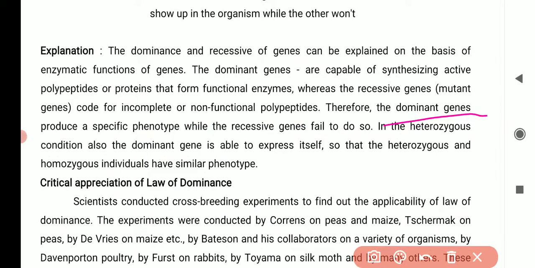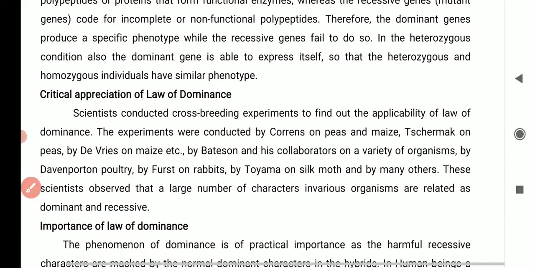Therefore the dominant gene produces a specific phenotype while the recessive gene will fail. So in the heterozygous condition also, the dominant gene is able to express itself so that the heterozygous and homozygous individuals have the similar phenotypes. So it's very easy.